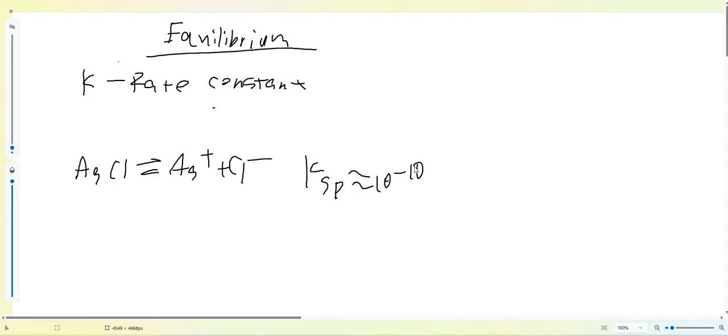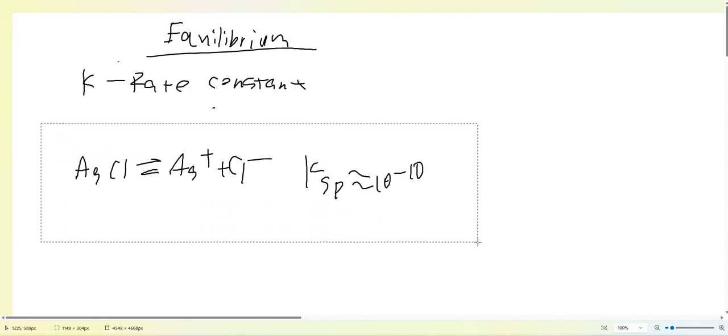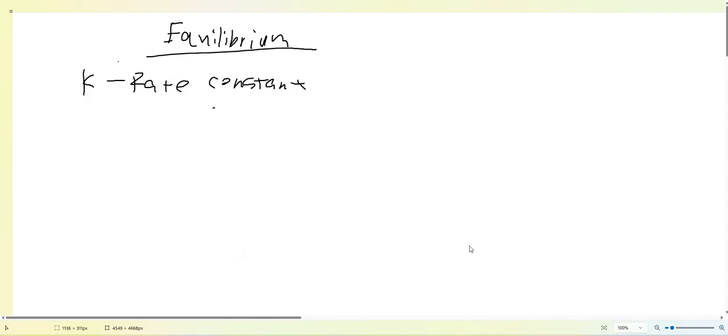However, if you're combining this with another reaction, we can say that the concentration of Ag plus is very close to 0. Okay? And so now we get to do one of my personal favorite things to do in this unit, and that is combining equilibrium.